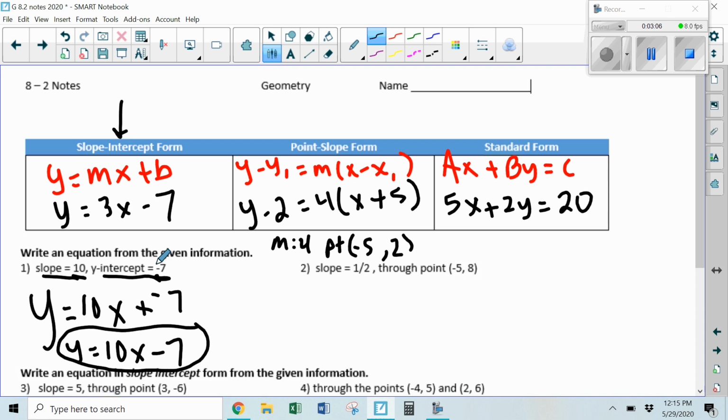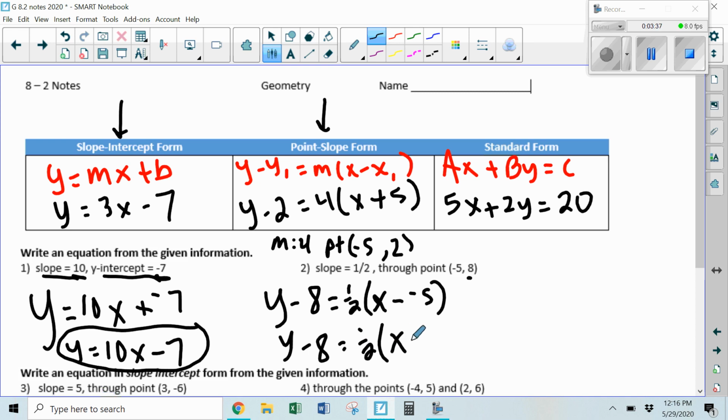Number 2, we are given the slope and a point. So we're going to use, of course, point slope. So here we go. y minus, and then you fill in your y value, 8, equals m, your slope, times x minus, and then you fill in your x value. The only thing you need to do here is simplify the minus and negative.